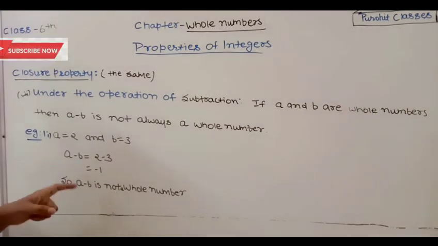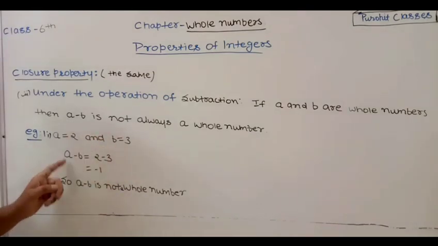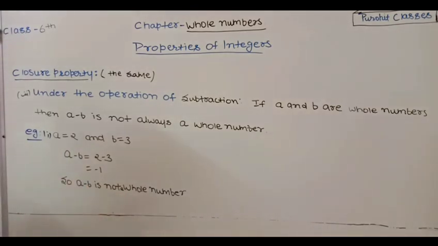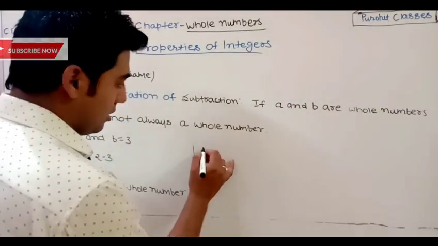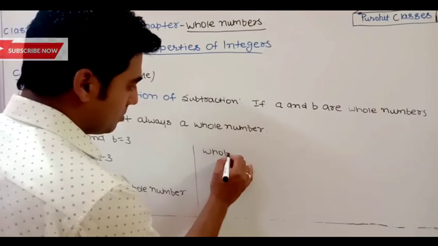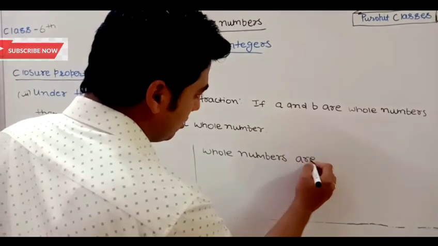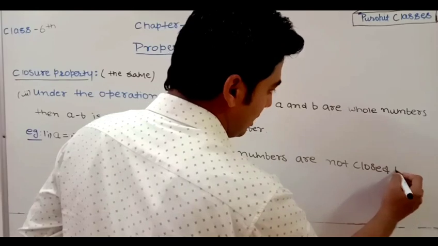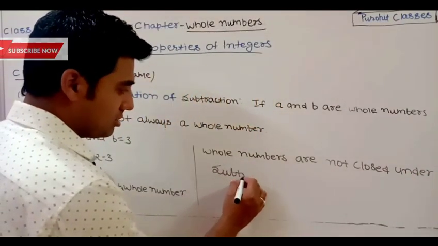So we have chosen an example to show that it is not a whole number. If I take a equals 2, b equals 3, then a minus b equals 2 minus 3, that is minus 1, and you know minus 1 is not a whole number, so a minus b is not a whole number. So simply we can write here that whole numbers are not closed under which operation? Under subtraction. Understood?